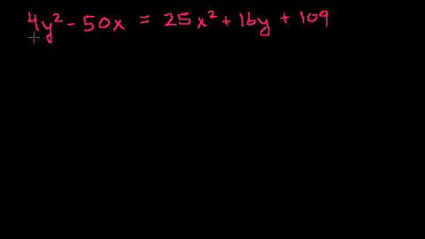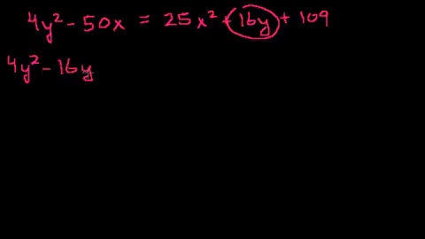So let's do that. On the left-hand side, I'll put the 4y squared. And I'm also going to group all the x and y terms in this step. Let's move this 16y onto the left-hand side. If I subtract 16y from both sides of this equation, I get minus 16y on the left-hand side, and of course it'll disappear on the right-hand side.